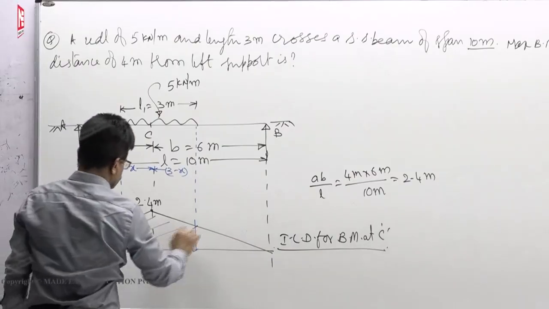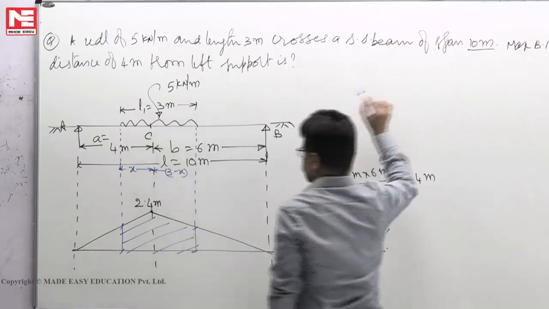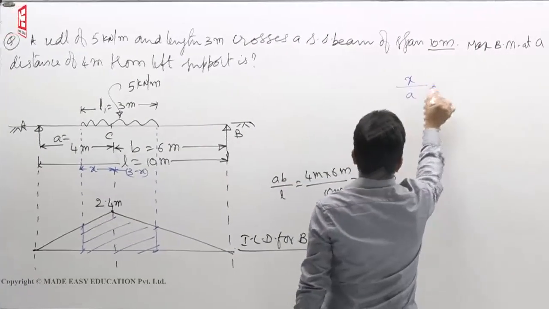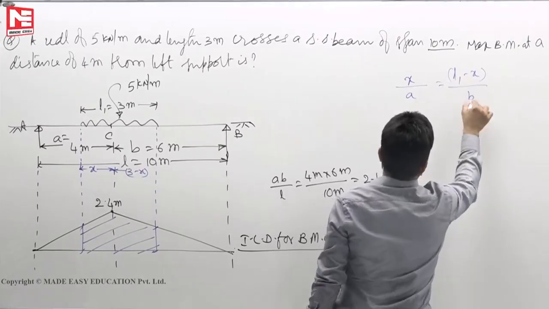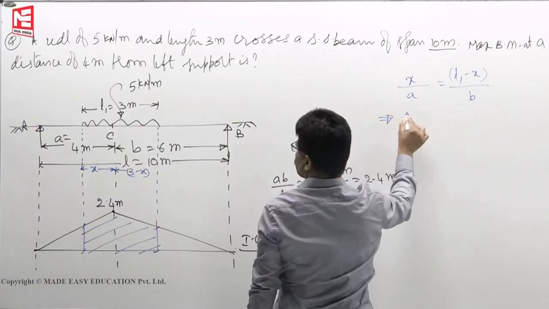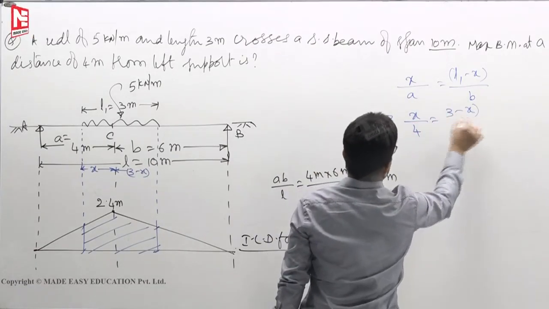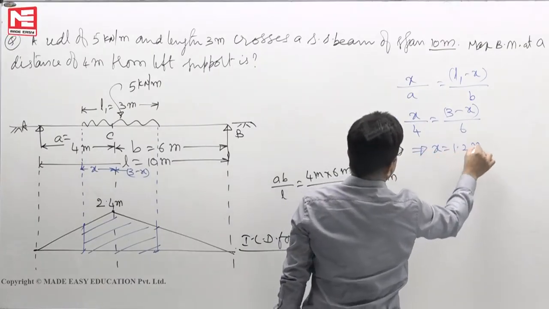Now, this is the condition. Average load on AC is equal to average load on CB, or loaded length by corresponding span is equal to loaded length by the other span. So, x by 4 meters equals 3 minus x by 6 meters. So, x you will get 1.2 meters.